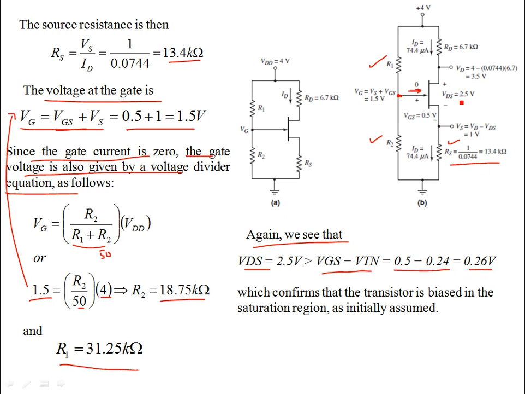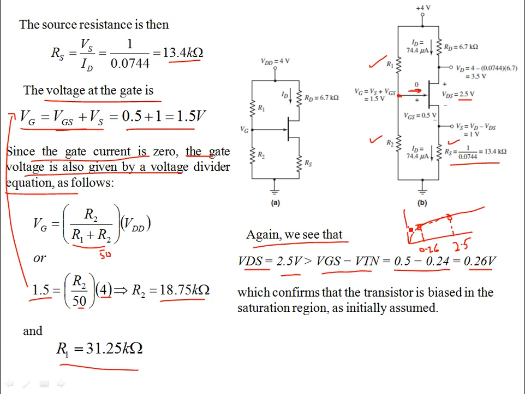However, your VDS is 2.5 volts, which is greater than 0.26 volts. Let's say this is 0.26 volts, and you have biased your transistor at 2.5 volts, which is farther away from 0.26, which means the transistor is in the saturation region.